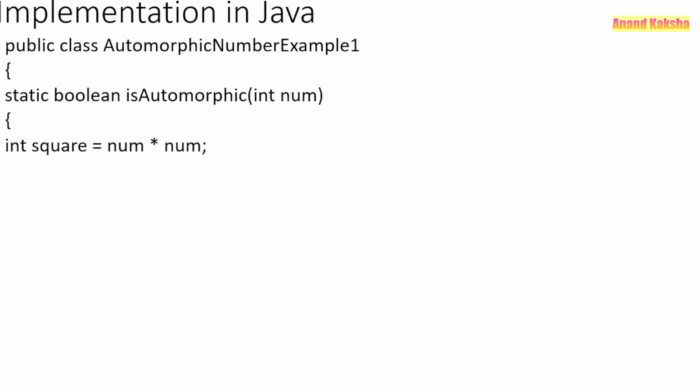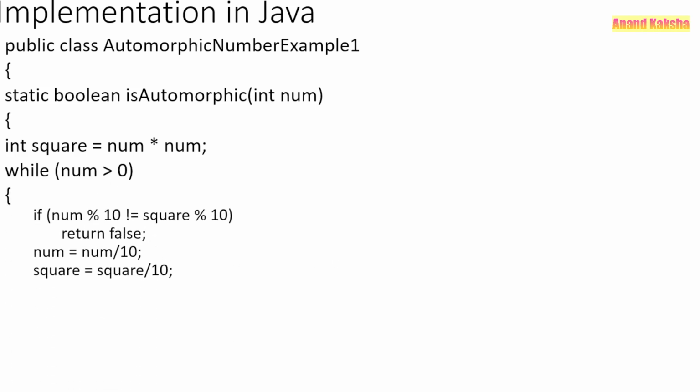First of all, we have to find the square of the number because we are going to compare the square's last digit with the number itself. Then we'll run a while loop till the number gets 0, and then we are going to create an if condition, and we are going to use the modulo operator with 10. The percentage operator is used to find the remainder when we divide by 10.